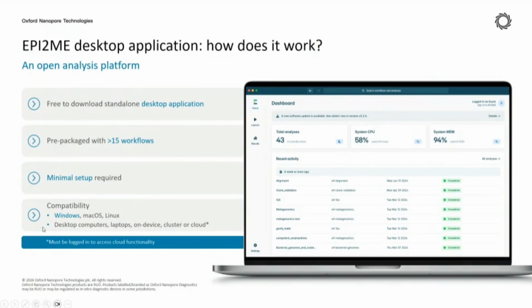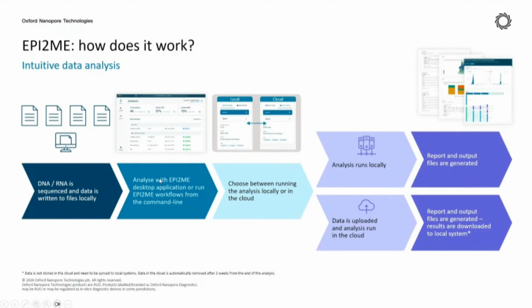You can also see at the bottom here, there's a message saying we must log in to access the cloud functionality. But I have mentioned this software is installed in our computer, so how does this cloud functionality come in? For the analysis that is carried out in EPI2ME, we have the option to run it locally in our computer. But in some cases, when our computer is not strong enough to handle some of the analysis, we can also opt to submit the analysis and run it in the cloud.